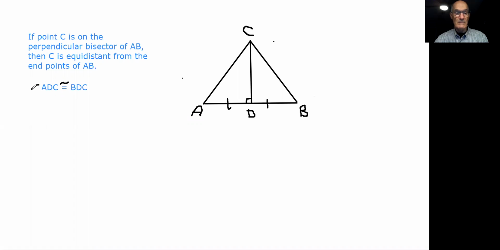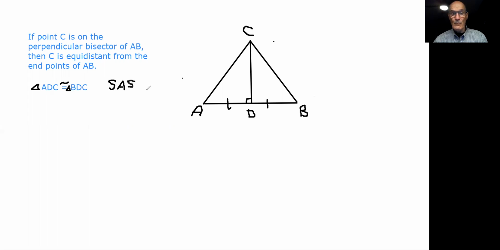Now, if you look at what we've got here, I've got a pair of sides here, I've got my angles here, the 90-degree angles, and I've got this reflexive side DC right down through the middle. So this is congruent by side angle side.